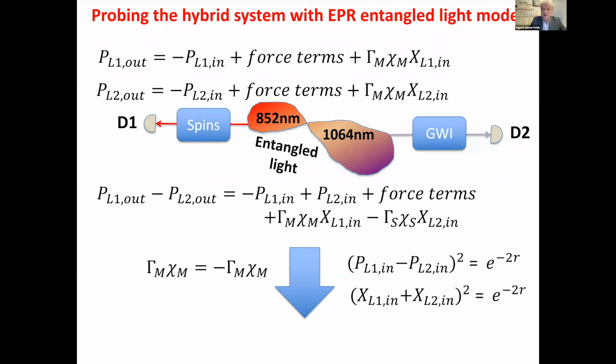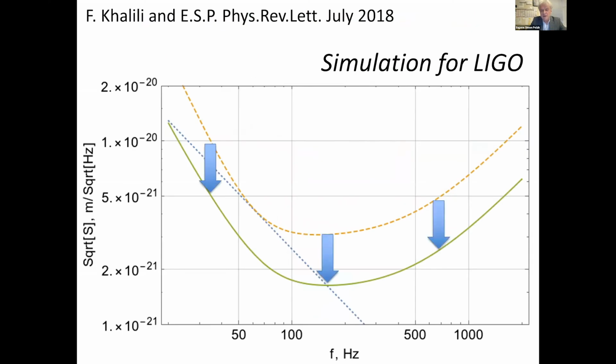And if the effective mass of one system has an opposite sign to the other one, then when I combine those two, I will get what I want to get. And that is, I should be able to suppress the back action in a broad range of frequencies. And according to our, we hope, realistic estimates, we should be able to improve the signal to noise ratio of gravitational wave detection by several decibel.